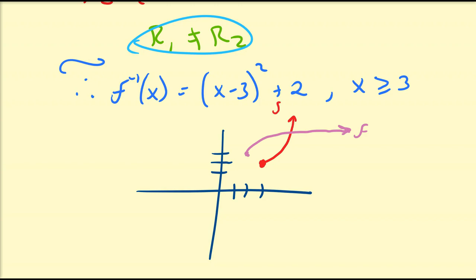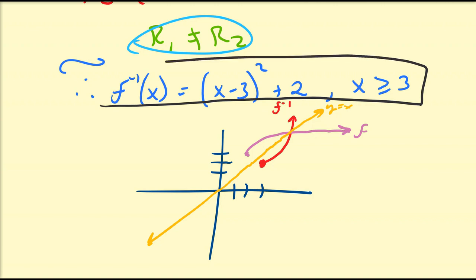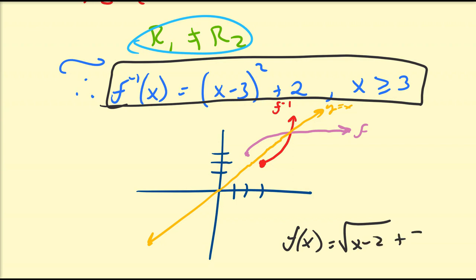This red graph is f inverse. And if we were to draw our line of symmetry here, it would pass through that little intersection point, right? So this is y equals x, right? So therefore, this entire expression is the inverse of the function f of x is equal to the square root of x minus 2 plus 3. And it's very important that you include this domain.